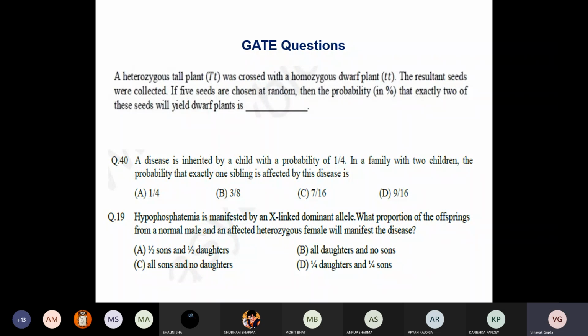Sir, 5/16, first one. Can you tell me in decimal? Oh, yes, sir. 31%. Yes, 0.31, right answer.